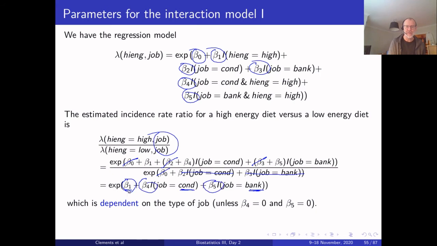So if they're a driver, it's just this. If they're a conductor, then it's this, and if they're a bank worker, then it's beta 1 plus beta 5. And what we see is that the incidence rate ratio will be dependent on the type of job unless both beta 4 and beta 5 are equal to 0.